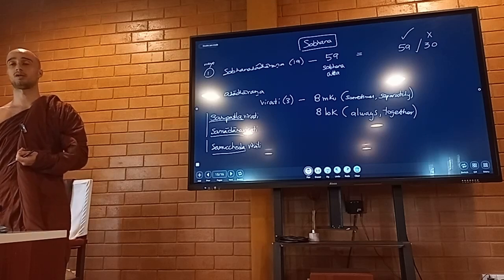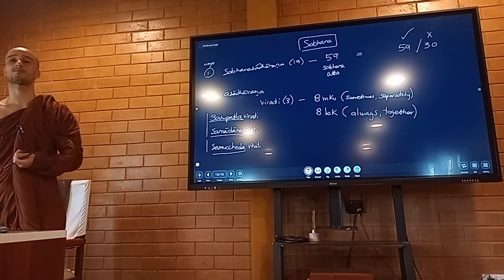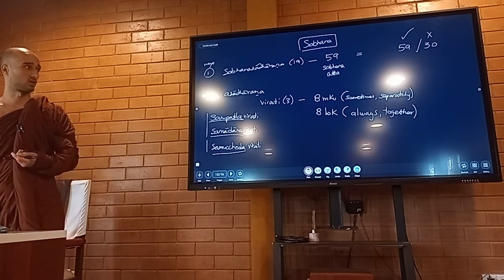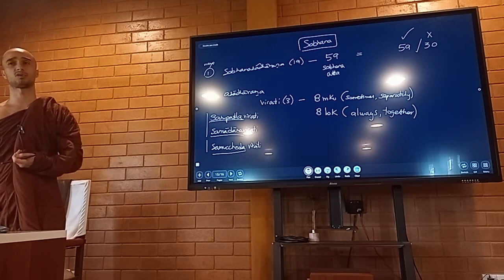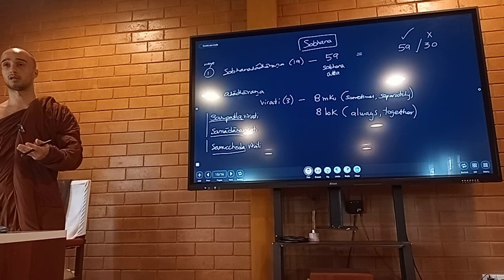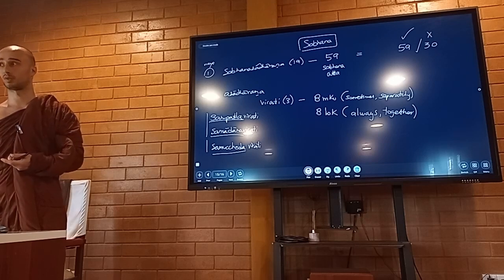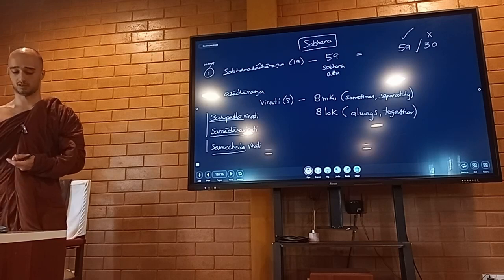So virati does not arise in Mahakiriya. So only Mahakusala. And in the jhanas, why is there no virati? Because we are not abstaining from anything. At the time of jhana, the misconduct has already been suppressed along with the defilements, right? So there is no restraint, no such abstention, in the jhana cittas.